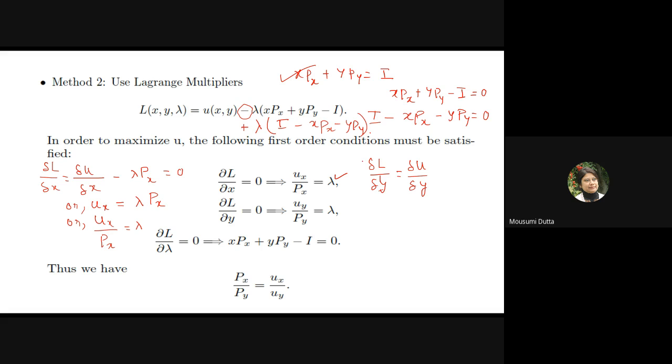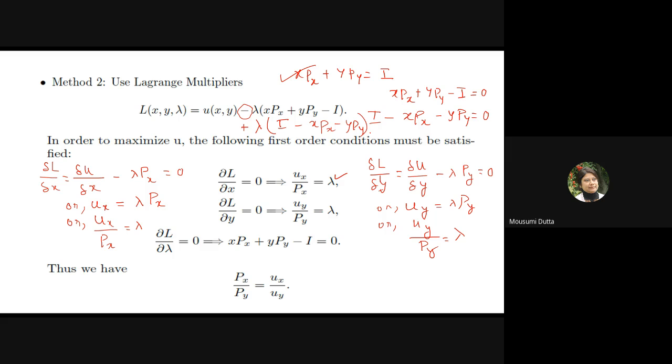So del u by del y minus lambda py is equal to 0 by FOC. And from there, uy is equal to lambda py, or uy by py is equal to lambda. Okay.